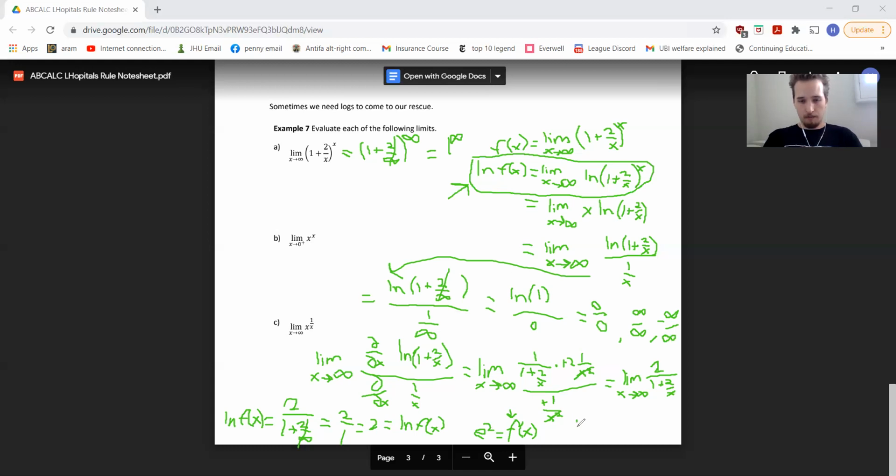So we get the limit as x goes to infinity of 1 plus 2 over x to the x power equals e squared. And that's your answer.